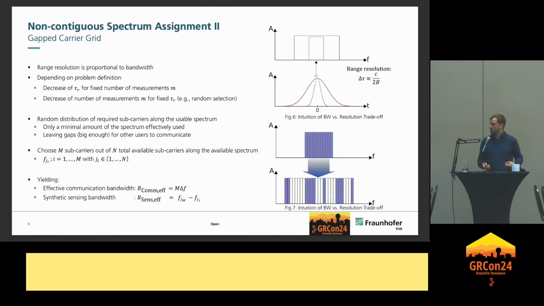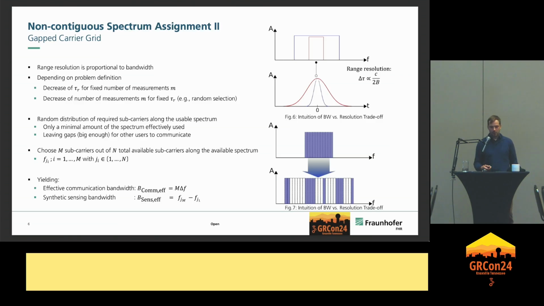And to give you an intuition of what we want to do, as I already said initially, our resolution is related to the bandwidth we have. So the higher the bandwidth, the better the resolution. But in communication, you don't want to use the entire bandwidth just to do some sensing, because you would be denying the spectrum to other users within there who also want to use it.